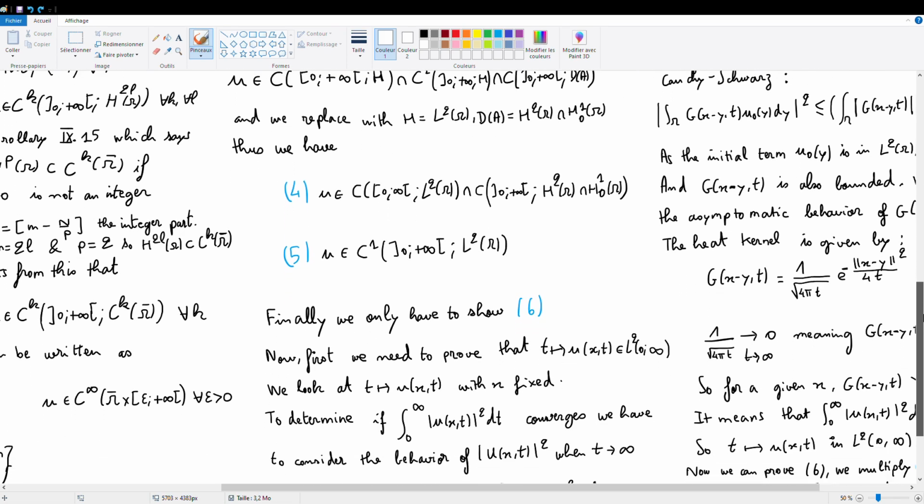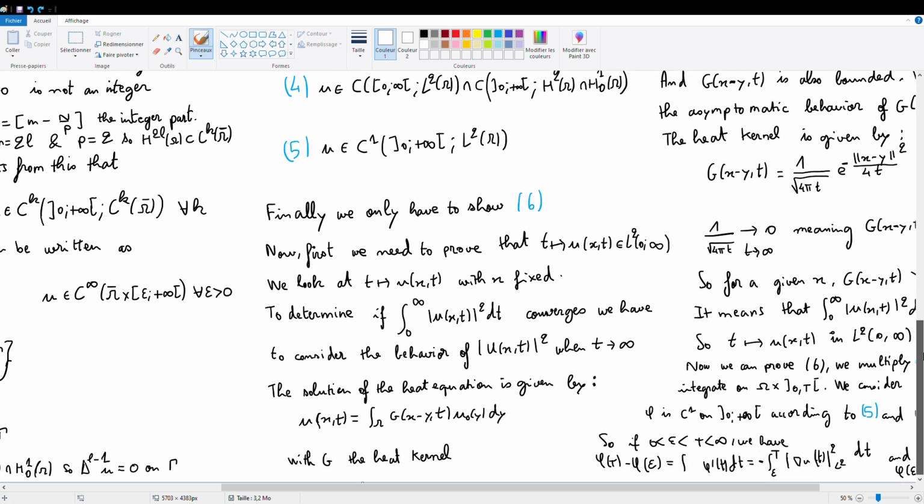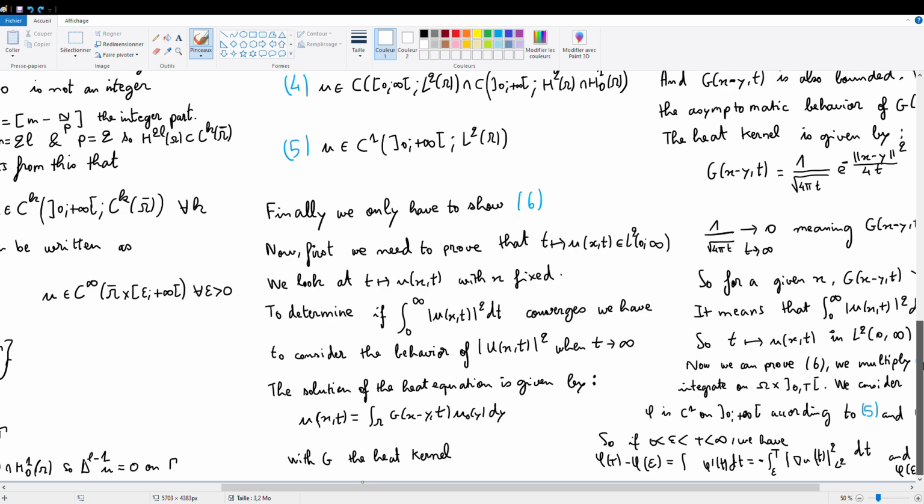Finally, we only have to show 6. Now first we need to prove that the function t giving u(x,t) is in L2(0, infinity). We look at the function t giving u(x,t) with x fixed. To determine if the following integral converges, we have to consider the behavior of the absolute value of u(x,t) squared when t goes to infinity.